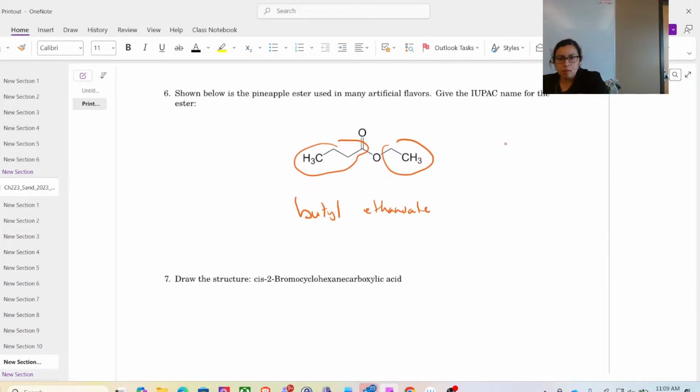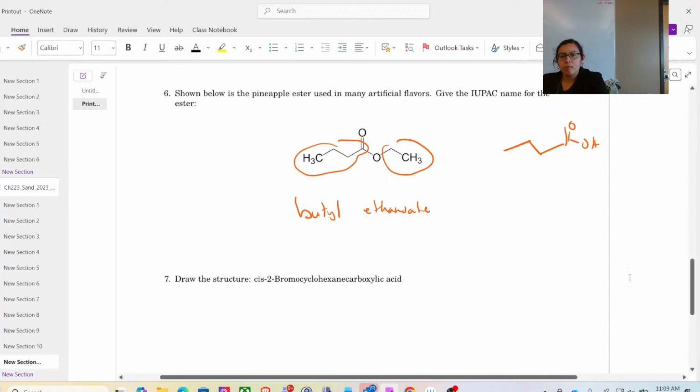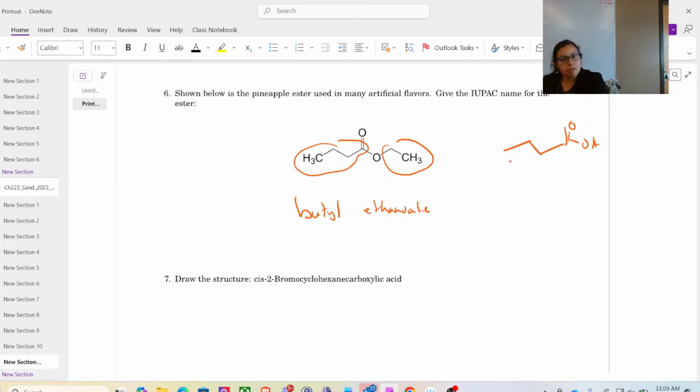So going back, it's made from 1, 2, 3, 4. So it'd be made from this carboxylic acid and then our alcohol, 1, 2, so ethanol there.